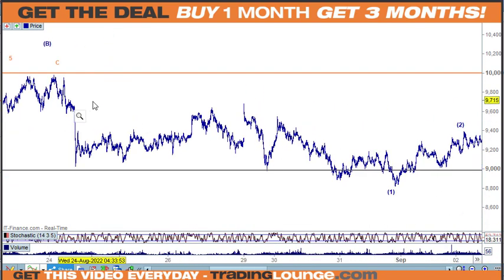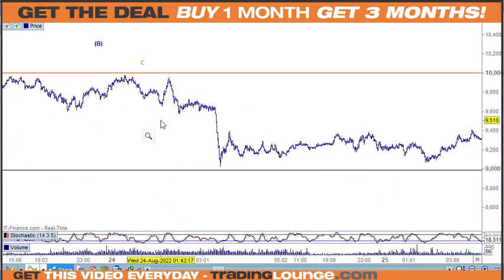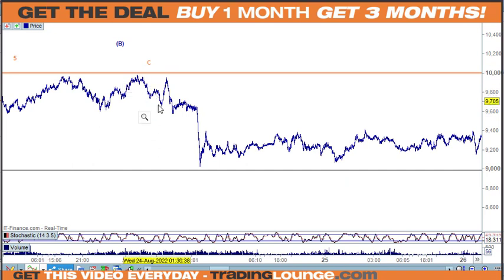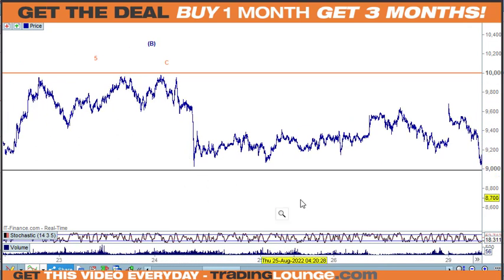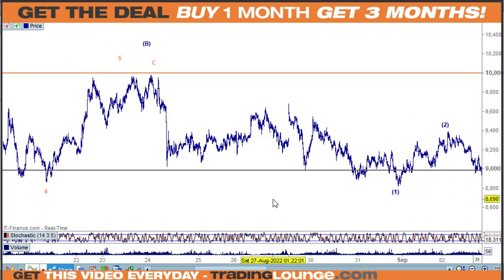You've got 5 waves, 1, 2, 3, 4, 5 in the first leg here. So you could call this down for 1 and back for 2. This is also 5 waves here. So this would be down for 1 here, back for 2 here, and then you end up with 3 here. So maybe you can get 1, 2, 3, 4, 5 in here, maybe.